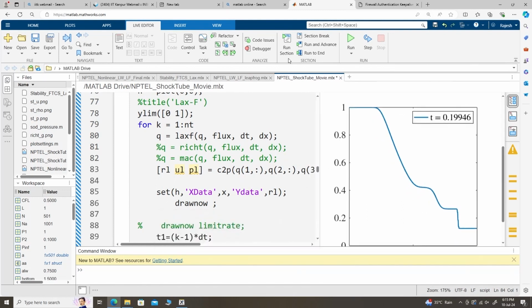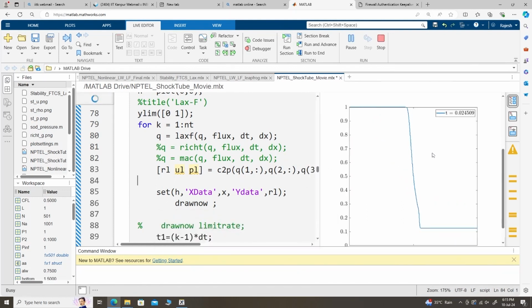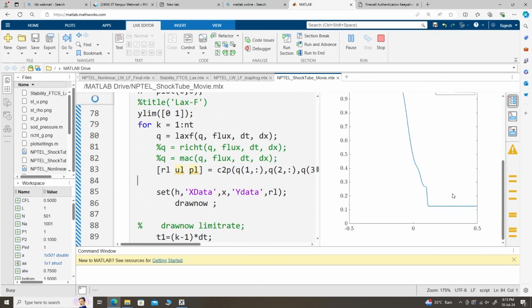Run section. You can see how the flow is developing. You can keep watching here. This is moving, and a shock will develop. A shock has already developed, but I am waiting till it goes to t equal to 0.2 second, and when it gets to 0.2 second, you will have a shock at that position.